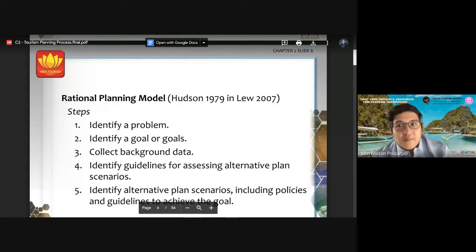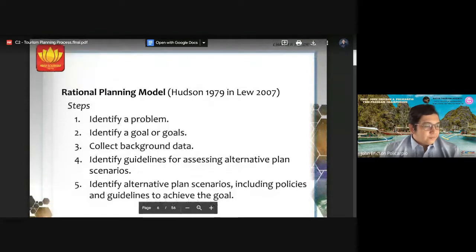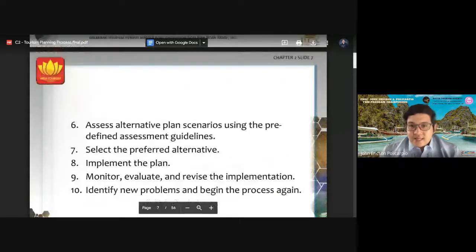So, kumbaga balanse. Balanse ang atake natin, no, in terms of rational planning model. And then afterwards, we assess. Okay? So we create the guidelines, we create the plans, and we create the action plans, and then we assess them. Yun yung kumbaga sinandwich nila, no, sa rational planning model.